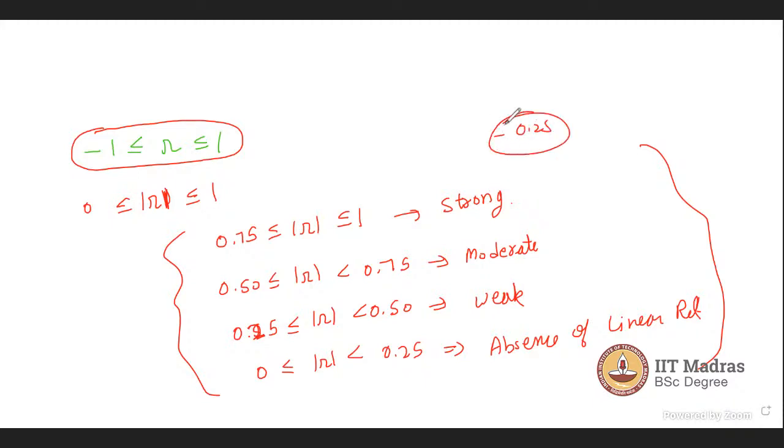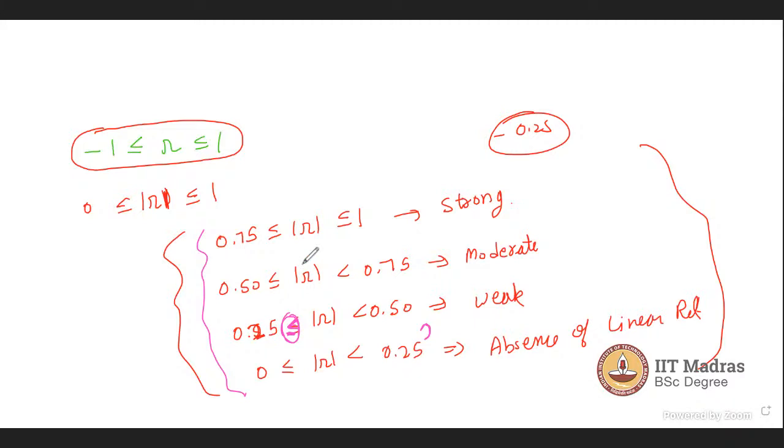By the standards, we cannot consider it a strong association, but we can still consider it a weak negative association, right? And suppose we take 0.01, can we still consider it positive? No, we say it's an absence of linear association, absence of linear relationship in that case. Even if it is positive, if it does not exceed that 0.25 range, we say that.